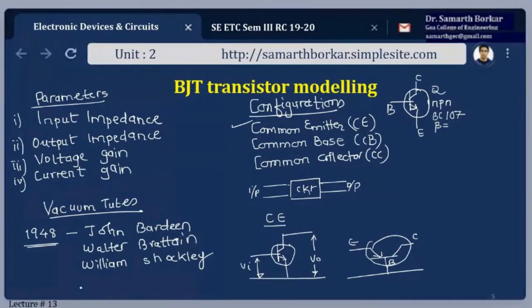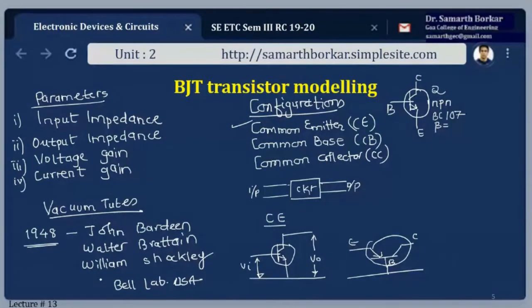They were working for Bell Laboratories, USA. So it was invented in the year 1948, and this was such a huge invention. It created a big impact on the electronics industry. Fine. This laid the foundation for the miniaturization of the circuit.